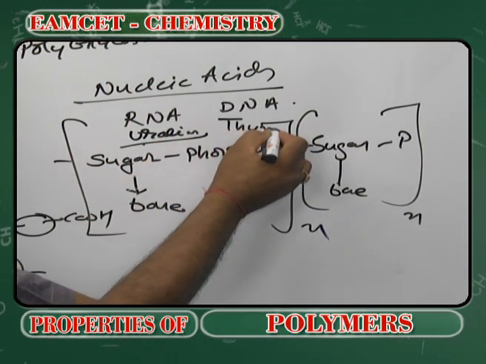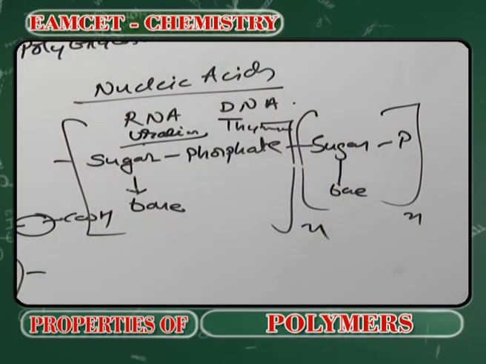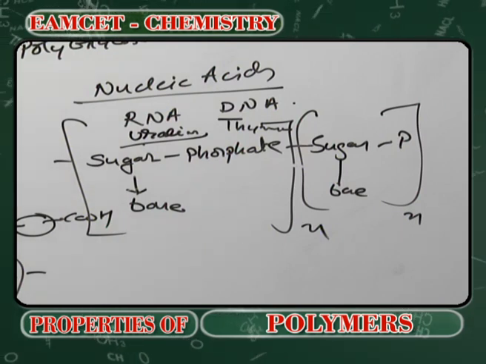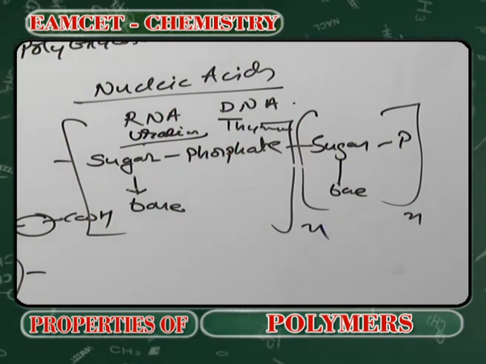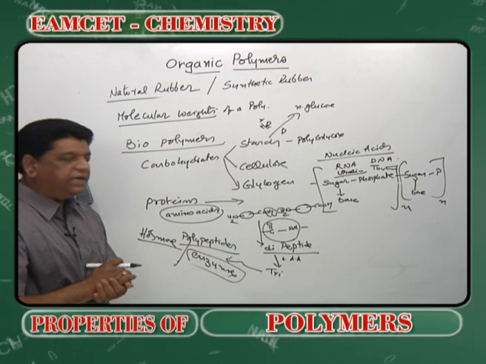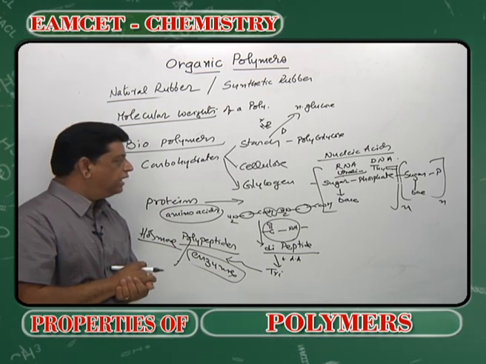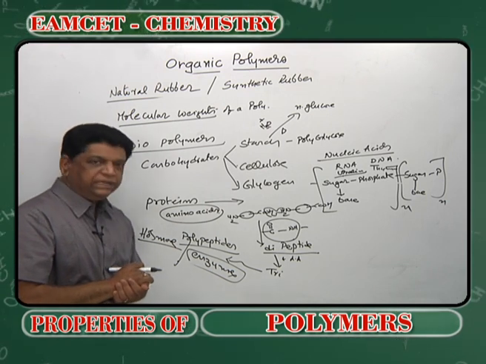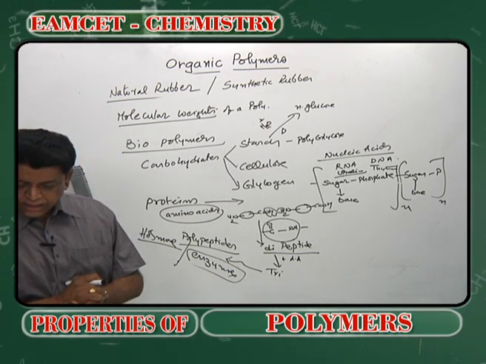So not only the sugar unit but the base also is different. Both carry the genetic code and replicate, and that is given to another cell, and a new RNA is created. They have an important role in protein synthesis and so on. So nucleic acid is also one of the biological polymers.